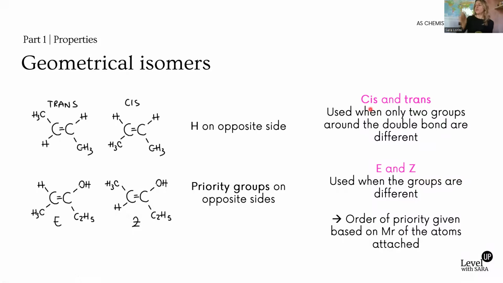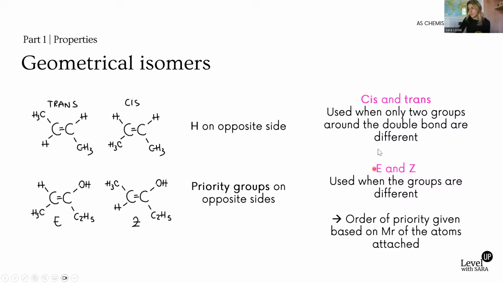Cis and trans are used when only two groups around the double bond are different, so you can compare the relative position. So here are two examples. Trans, the hydrogens are on opposite sides. I can clearly see that. Cis, the hydrogens are on the same side.